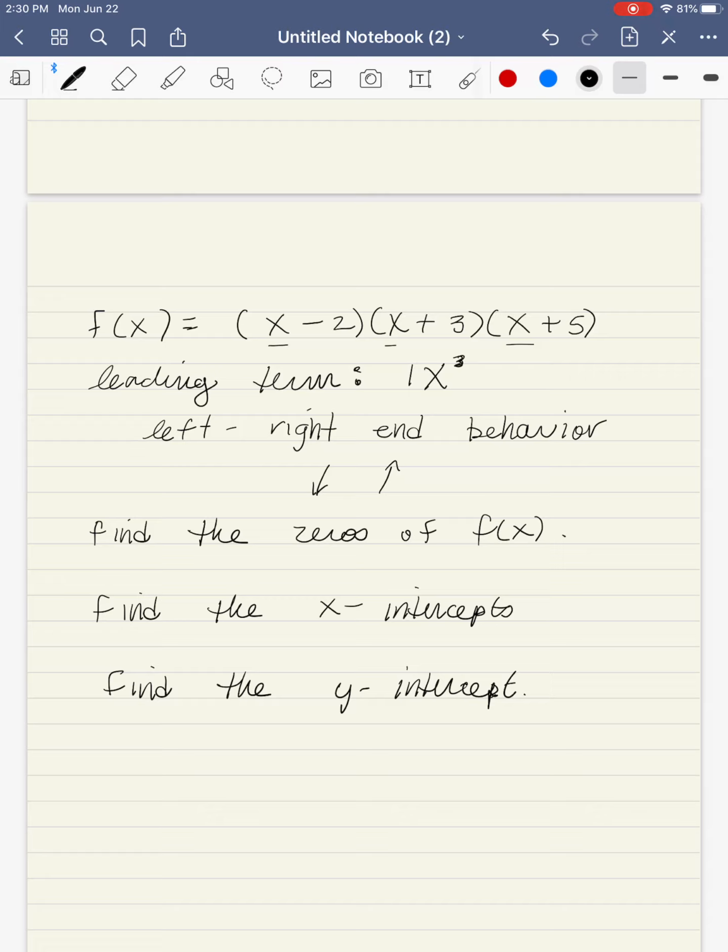And we learned how to do that in the previous video. So if you have not watched that video and you have questions about this, watch the previous video. But find all of that information, and then go ahead and plot your x-intercepts and the y-intercept, and then turn the video back on.